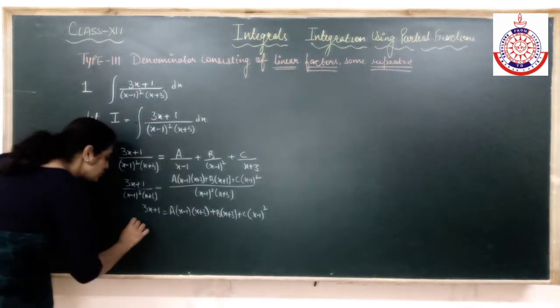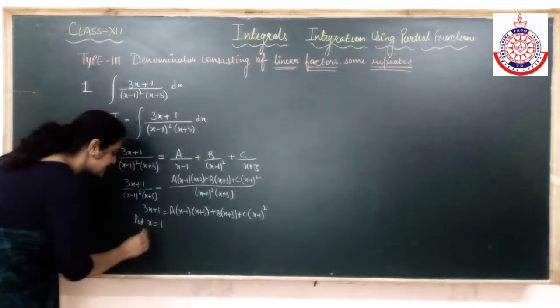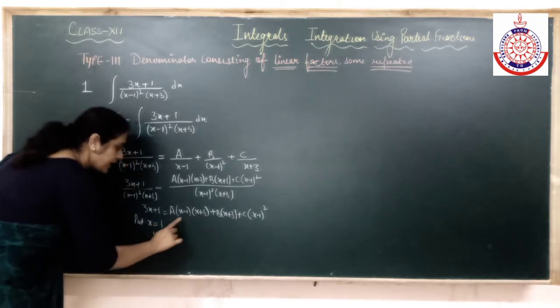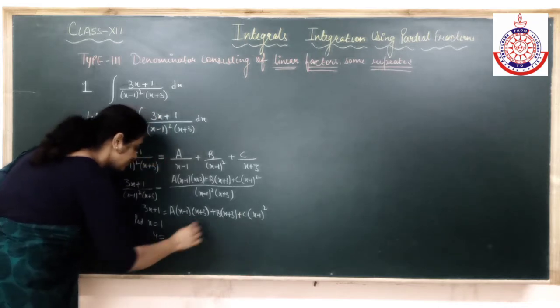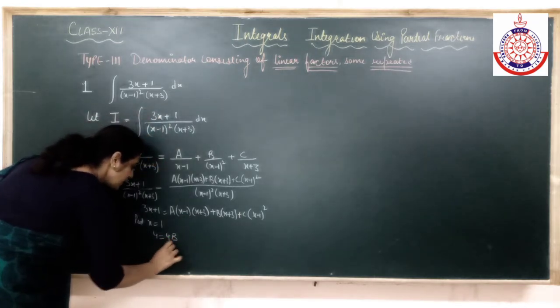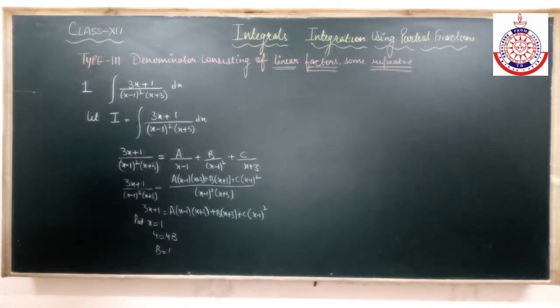First of all I'll put X equals 1. If I put X equals 1, this is 4. X minus 1 becomes 0, this becomes 0, so I got the value of B, that is 1. Clear?